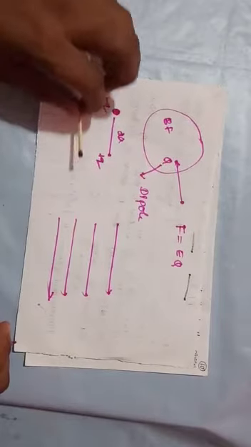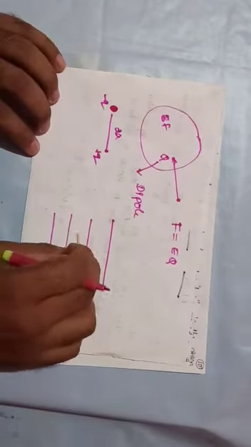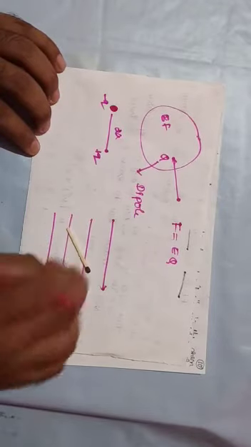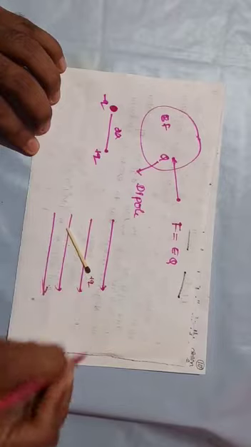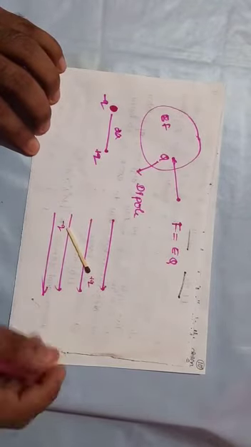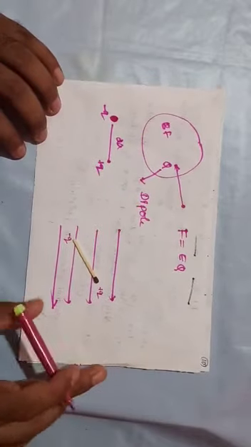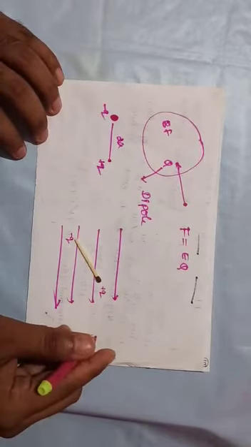When it enters this region, it will deflect like this. Let us consider this as the positive charge plus q, and here it is the minus q charge. When it deflects, it will produce a turning effect. That turning effect per unit length is called torque.